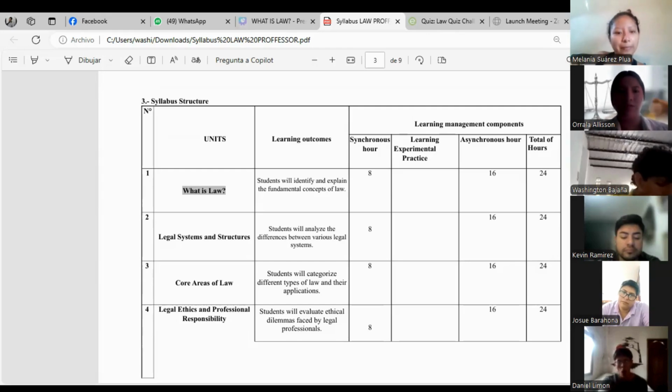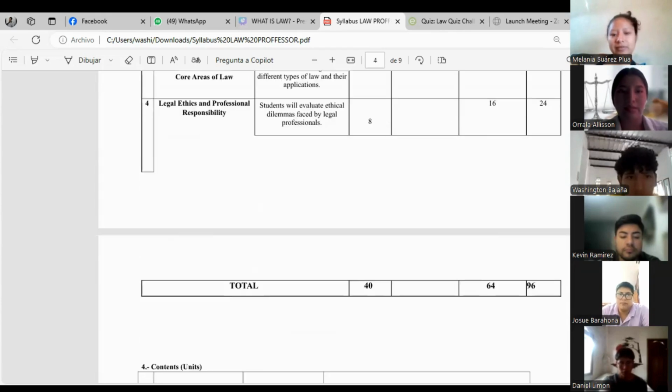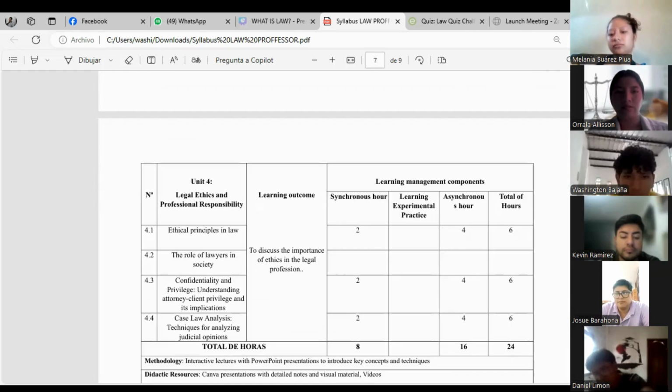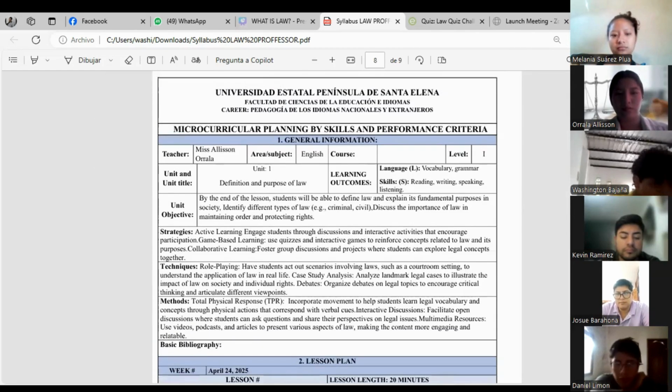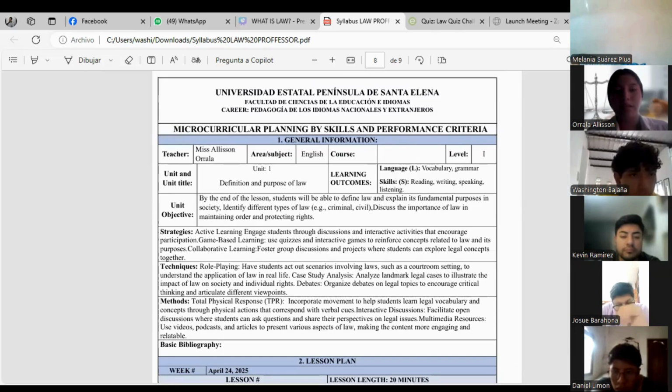Okay, let me show you the lesson plan, please. The unit objective: by the end of the lesson, a student will be able to define law and explain its fundamental purpose in a society.